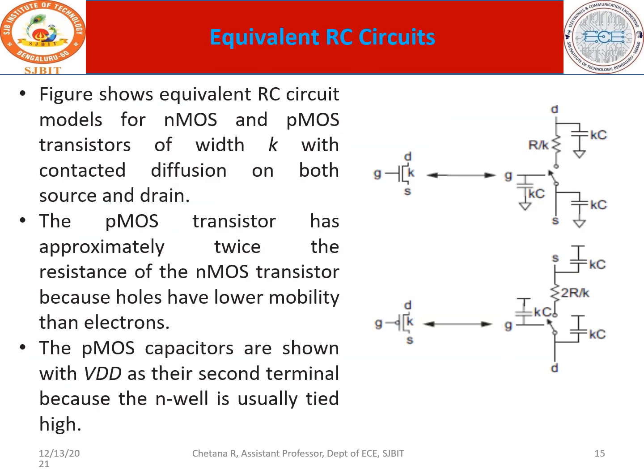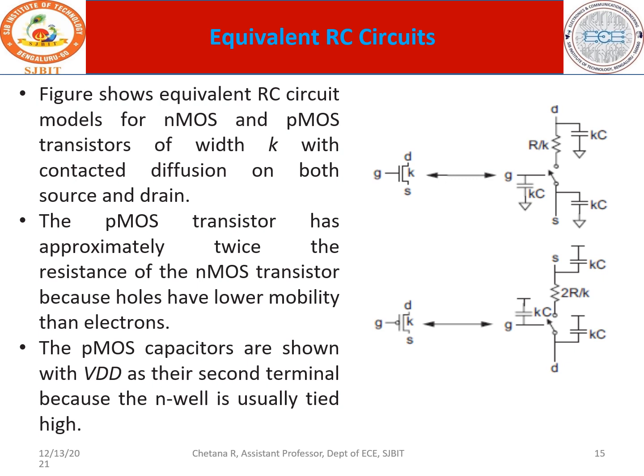Now we will understand, please concentrate on this. We will look into the equivalent RC circuits. The figure shows an equivalent RC circuit model for NMOS and PMOS transistors of width K with contacted diffusion on both source and drain. This is the NMOS transistor and this is the PMOS transistor.